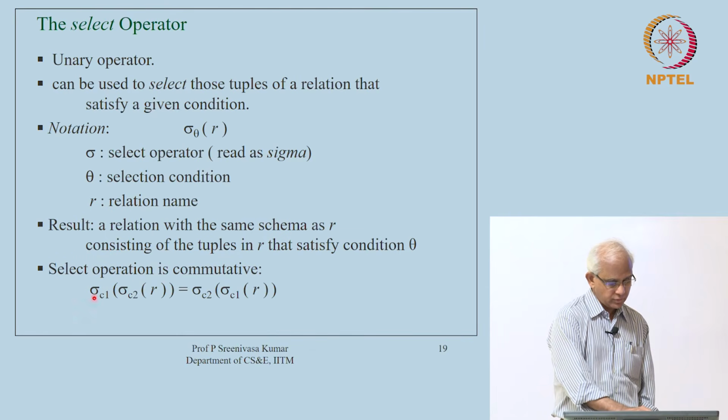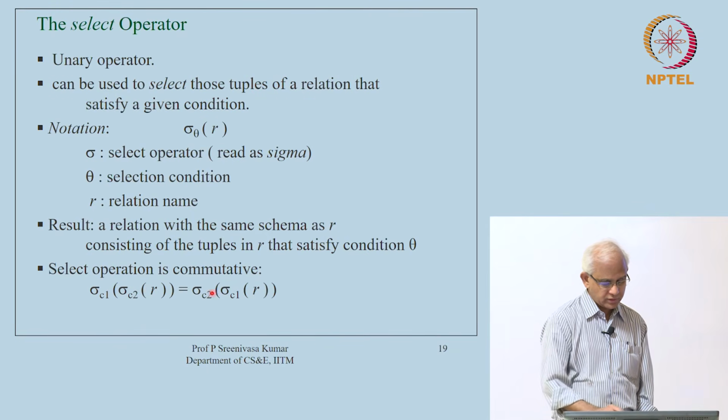So, sigma C2 of R is now a new relation. I can now use that relation and then make another selection operation. So, sigma C1, and inside that I am giving the relation which is the result of doing selection with C2 on R.